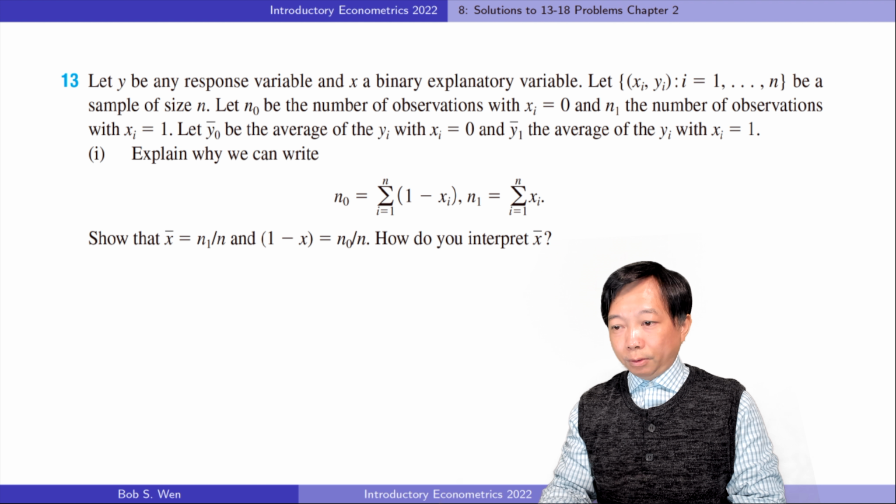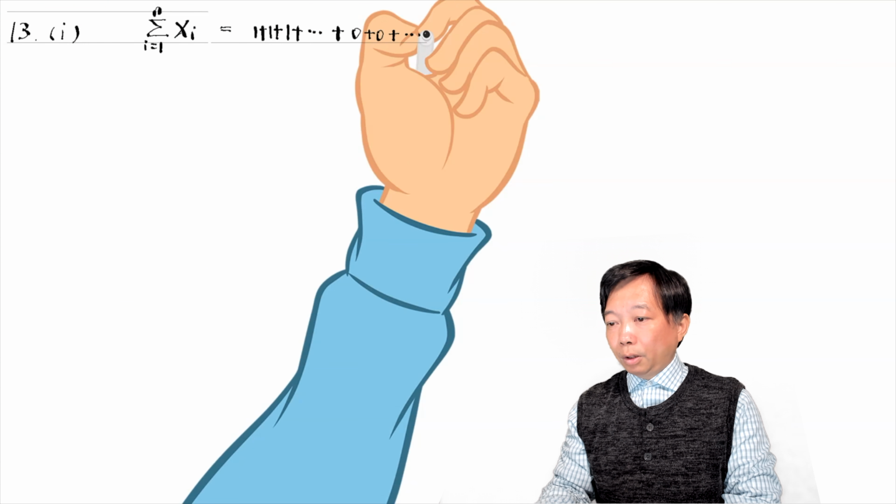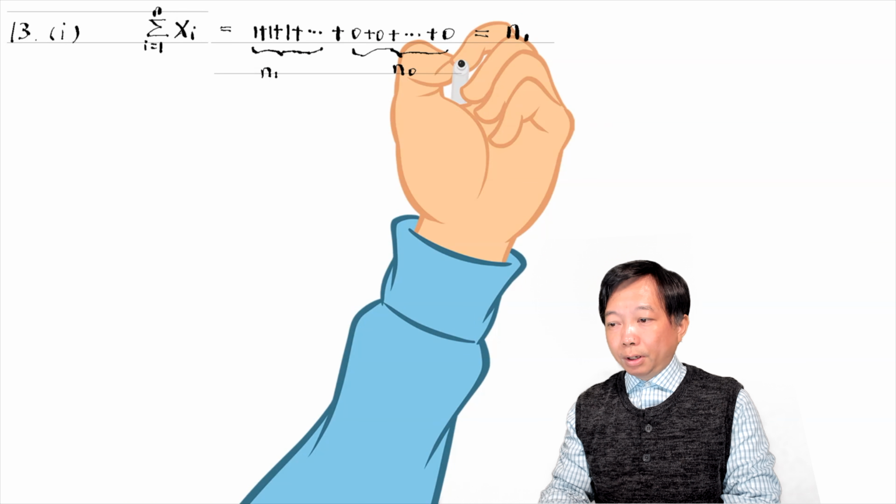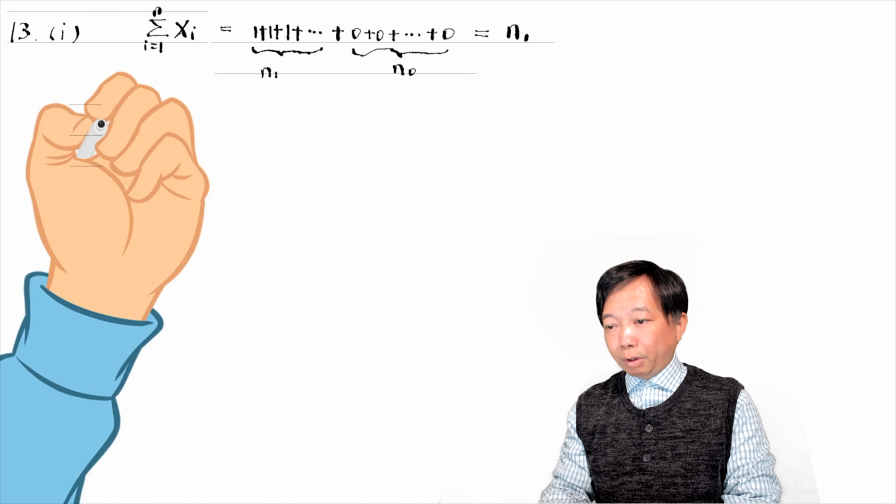The first question asks us to show the following equations. The total number of observations is n. Suppose the number of observations with x equal to 1 is n1, and the number of observations with x equal to 0 is n0. The sum of n1 and n0 is n.